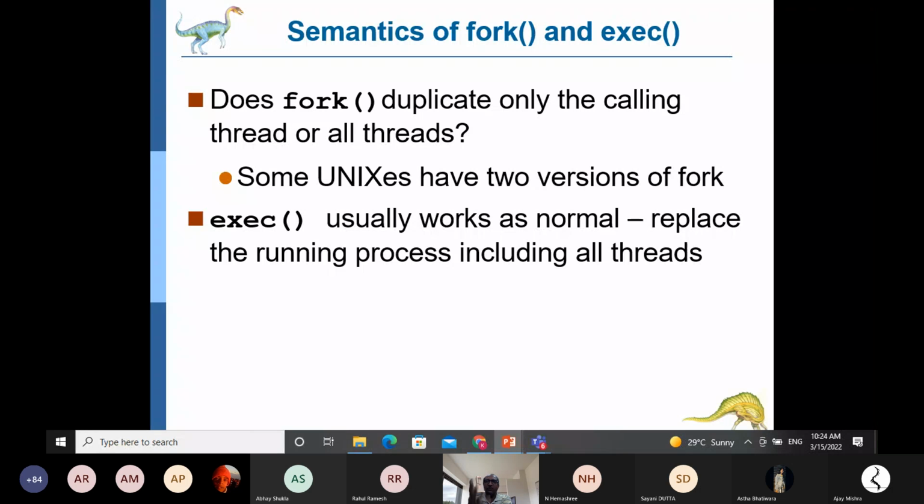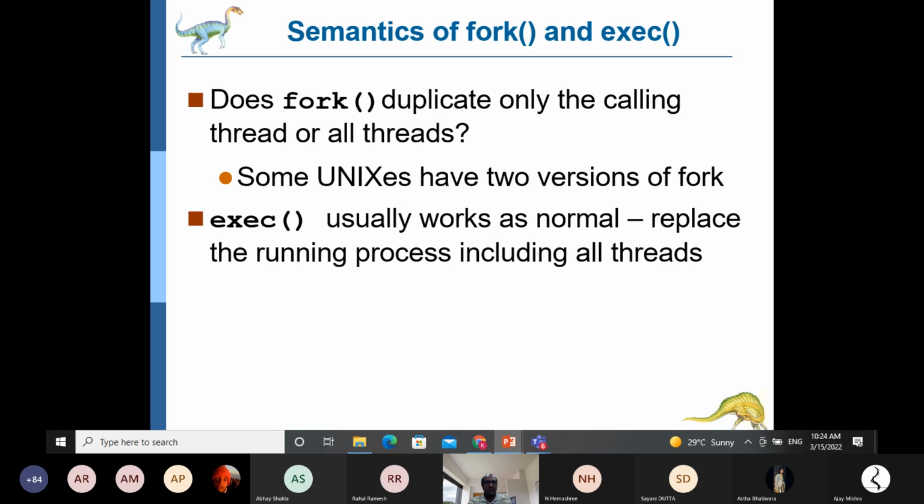Because if there are four threads, and one of the threads is executing the fork system call, and it is followed by exec, then fork will create a process which contains only one thread, the thread that is responsible for creating it.